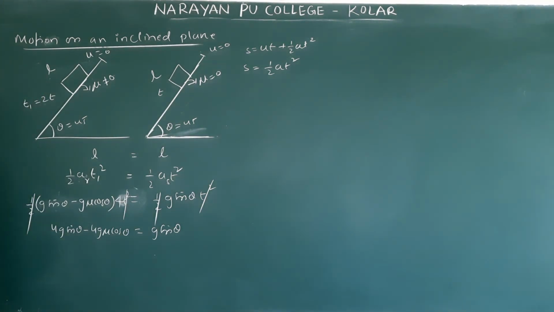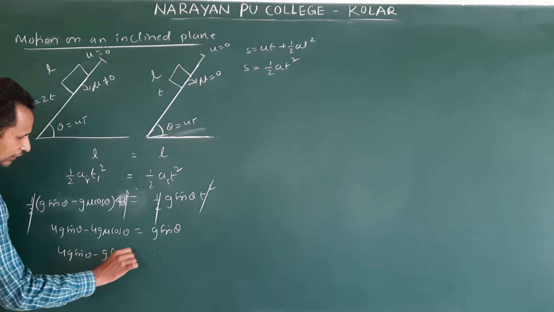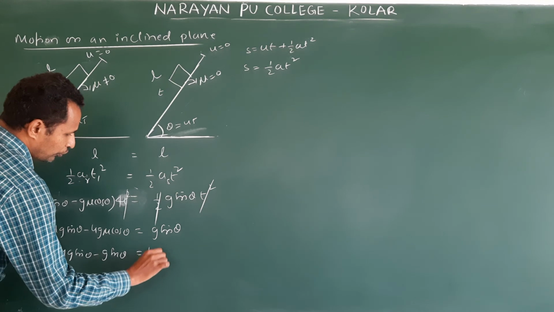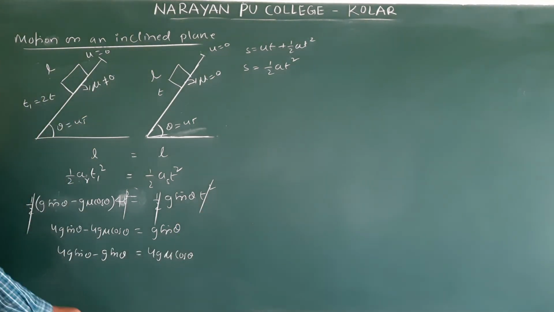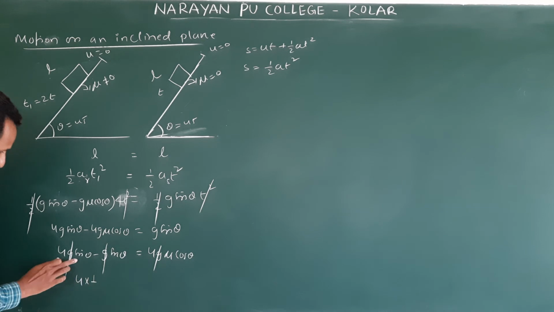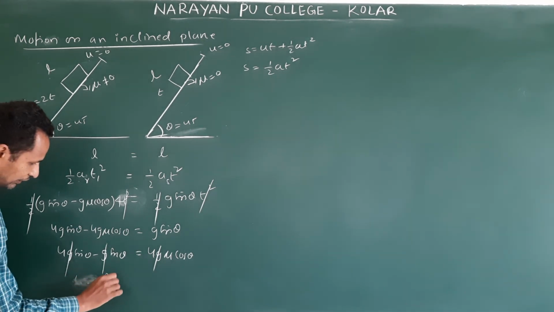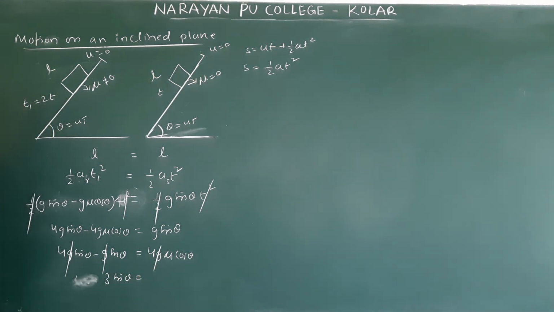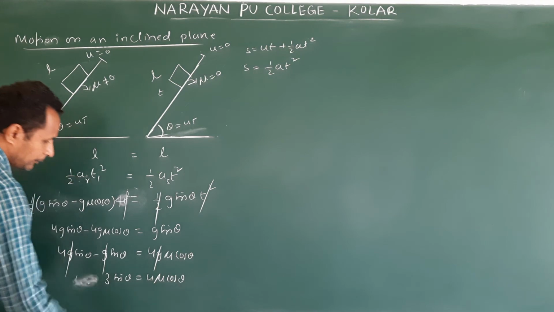Am I right? Am I correct? Or you move this side: 4g sin theta minus g sin theta is equal to 4g mu cos theta. In all the cases g is there, cancel. So 4 sin theta minus sin theta is 3 sin theta, equal to 4 mu cos theta.